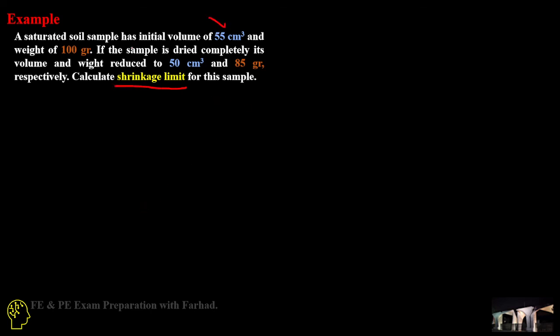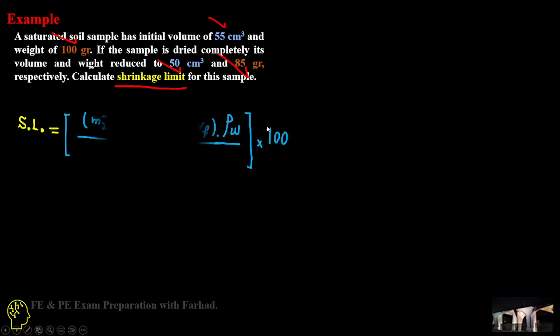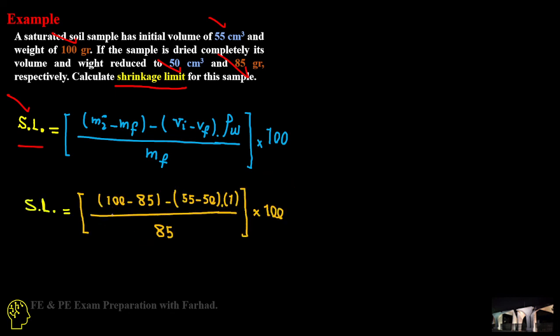So that's simple enough. If we have initial volume and weight, and final volume and weight, by just applying the formula which we derived a moment ago, that's shrinkage limit, and we just replace the initial mass minus final mass, which is 100 grams minus 85 grams, and minus Vi minus Vf, initial volume, which is 55 cubic centimeters minus 50, times rho W, which is 1 gram per cubic centimeter.